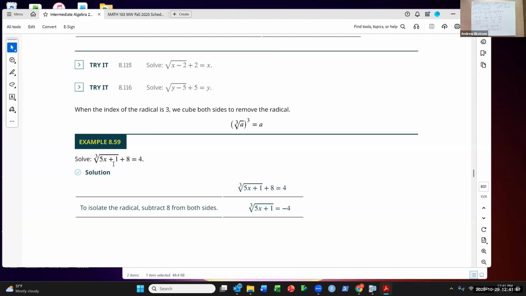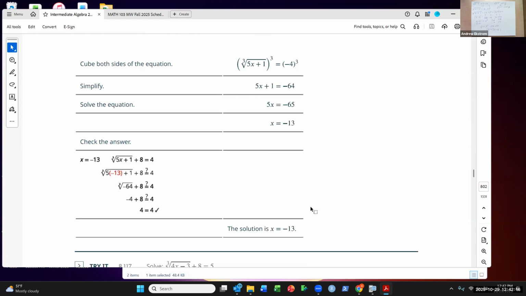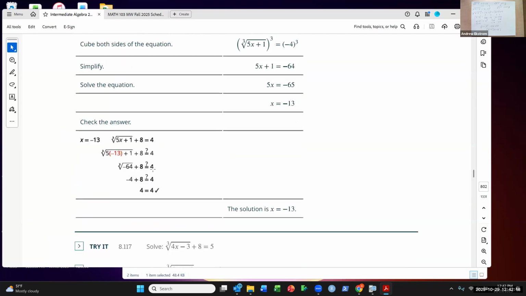When we look at problems like these, same thing is happening. We want to isolate the radical on one side, which is what we do going from here to here. Because this is a cubed root, you cube both sides. And then go back and try and figure out, okay, what are the correct values for x? Is there more than one?